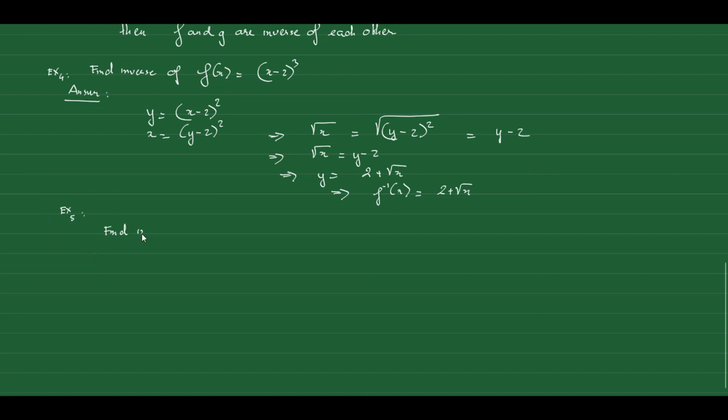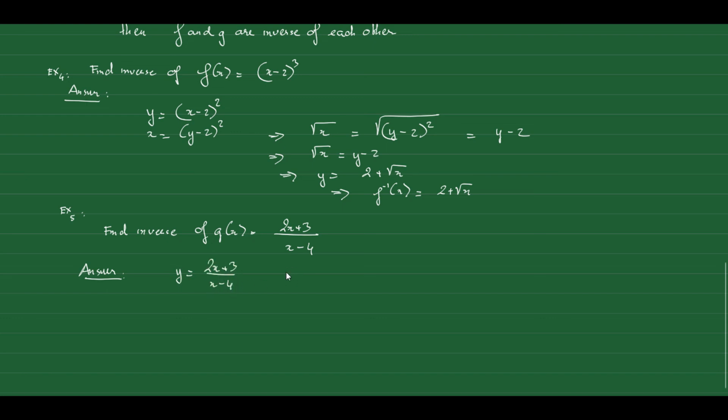Find the inverse of g of x equals 3x minus 4 over x plus 2. Okay, do the same thing. You're gonna just go ahead and change it to y.